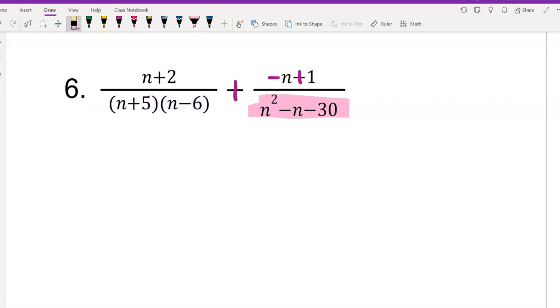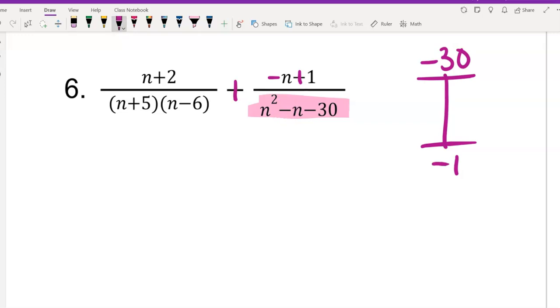Let's go ahead and factor that quadratic, and then we can see what we need to do from there. So quadratic, eye chart. What goes at the top? Negative 30. What goes at the bottom? Your b value. None of your values ever include the letter. It's just the number. Negative 1.